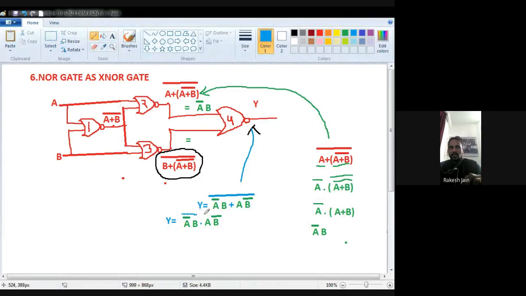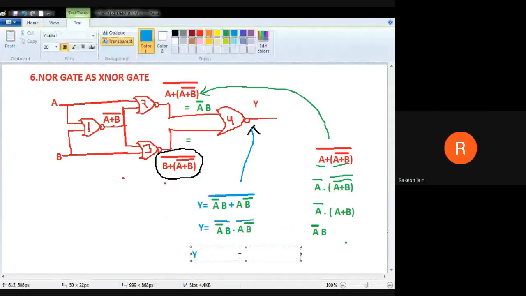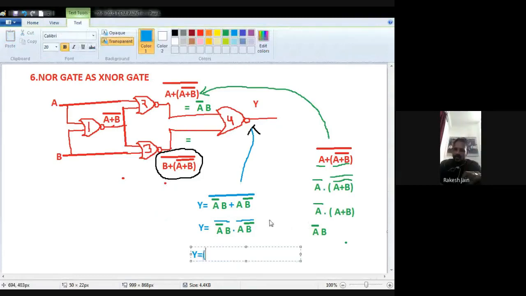So first thing is A bar B, then the second thing is A B bar, and then mention separate bar over there.